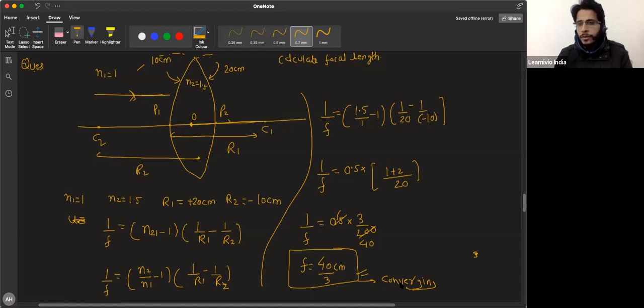I didn't get you, Fatma. What is 30 by 20? LCM you're saying? See, this is 20 and 10. The LCM will be 20. When you divide 20 by 20, you get 1. You multiply that 1 with 1, so it's 1. 10, you divide it by 20, you get 2.